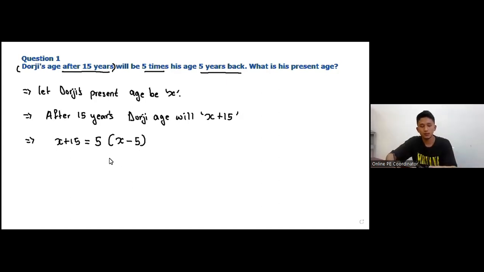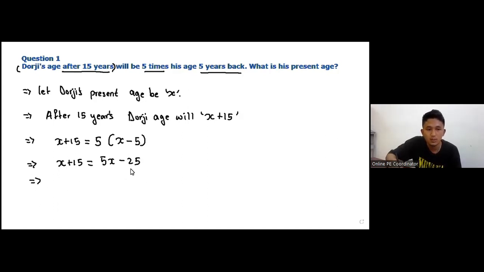This is the equation. And how we make the equation in age questions, you have to make the equation like this. So now you can directly find the value of x. x is the present age of Doji. So x plus 15 is equal to 5 times (x minus 5), which is 5x minus 25.